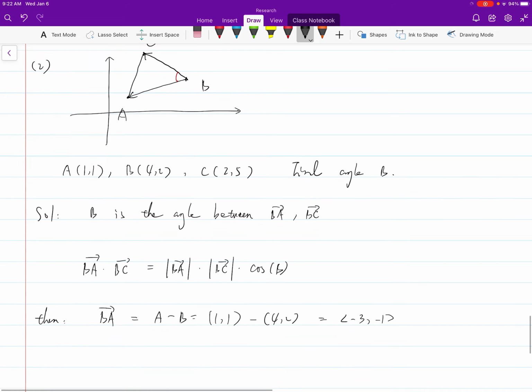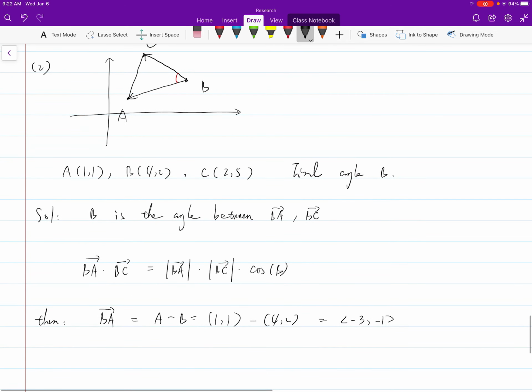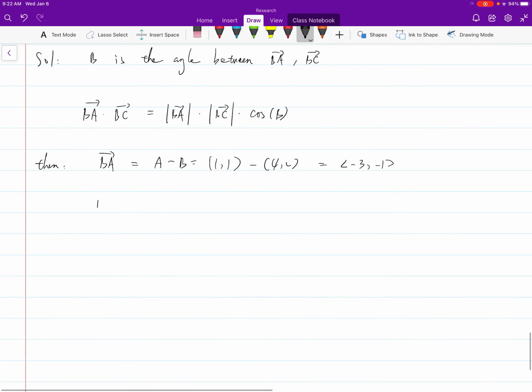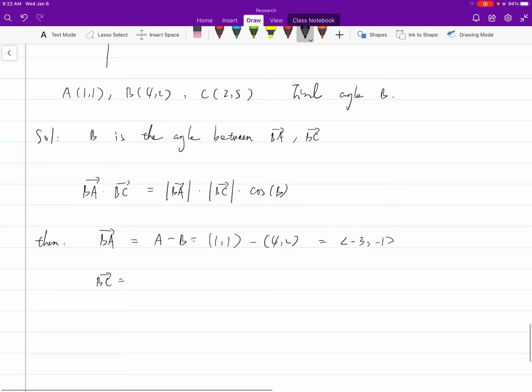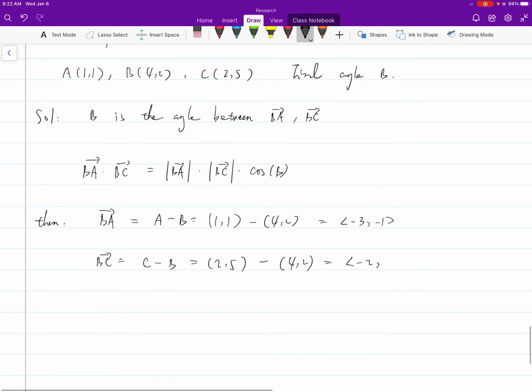If you don't believe it, how do you get from (4, 2) to (1, 1)? You go left by 3, you go down by 1. BC equals C minus B, (2, 5) minus (4, 2), which is (-2, 3).